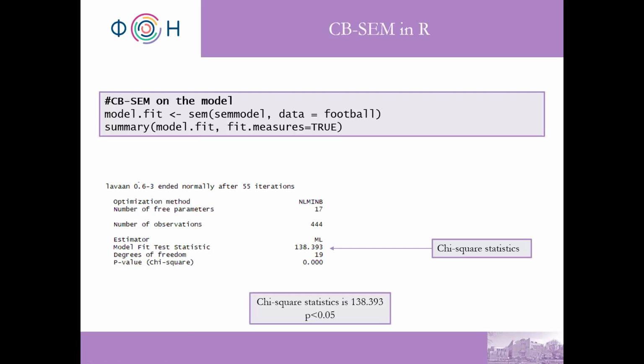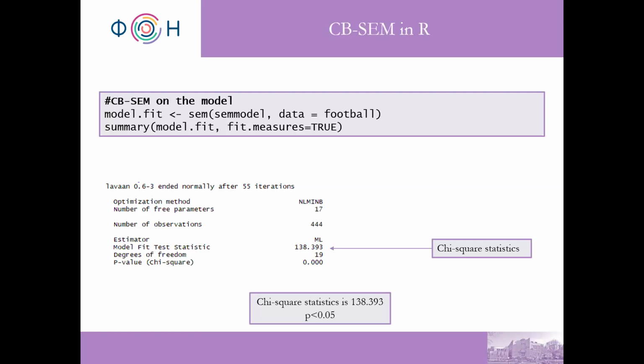So, for example, here we would say that in this model, the value of our chi-square statistic is 138.393, and we have a p-value which is less than 0.00001. So there is no special way to explain or to interpret the value of the chi-square statistic.